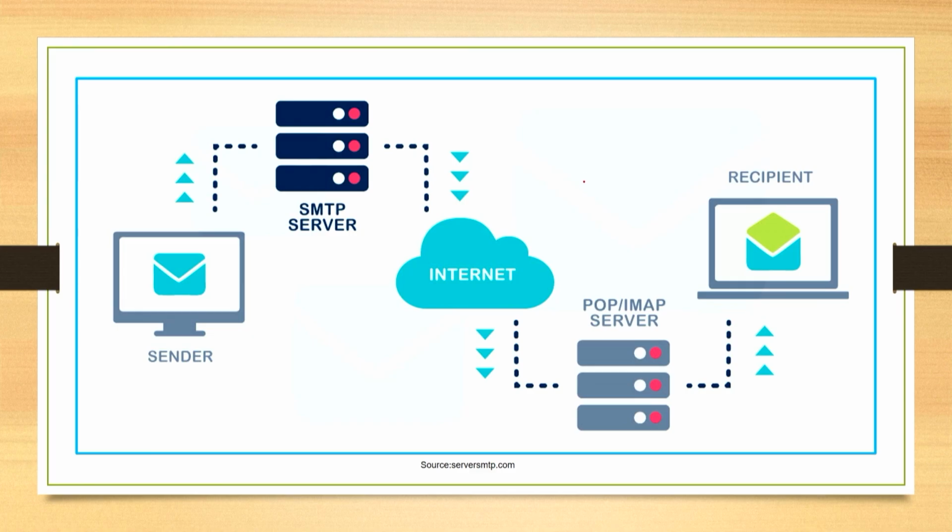There are two types of email servers. One is the SMTP server and another one is POP3, or you can say IMAP. SMTP is the Simple Mail Transfer Protocol.